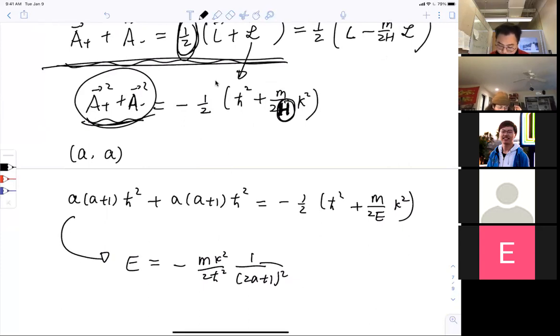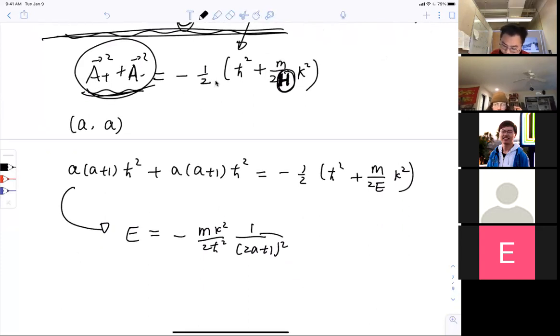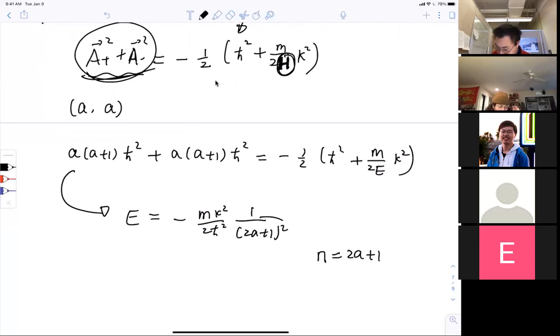Comparing with what we know, we realize that the principal quantum number n equals 2A plus 1. Remember, A is the representation of the SU(2), right? Meaning that A equals 0, 1/2, 1, and so on. Then n equals 1 for A equals 0, and then 2, 3, and so on and so forth.